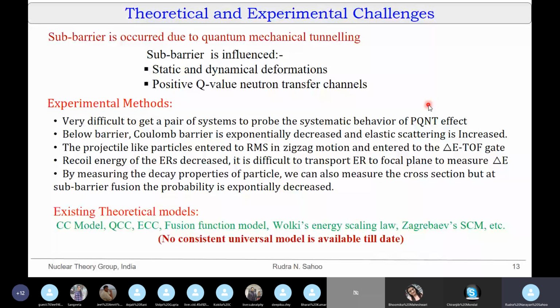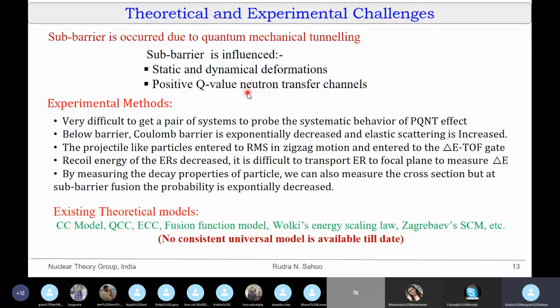In most of the experimental observations, the positive Q value neutron transfer channel enhances the subbarrier fusion. From my experience and knowledge, I would say that the positive Q value neutron transfer channel has some effect on subbarrier fusion. This is the message of the subbarrier fusion study. Due to this reason, subbarrier fusion is going to happen.